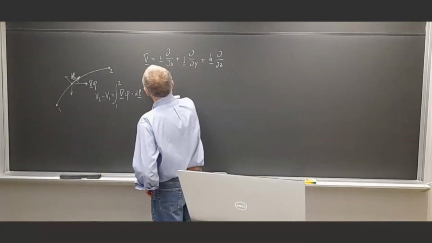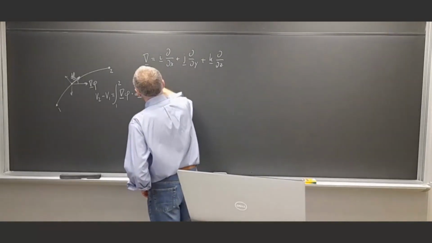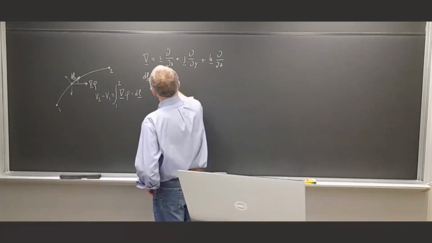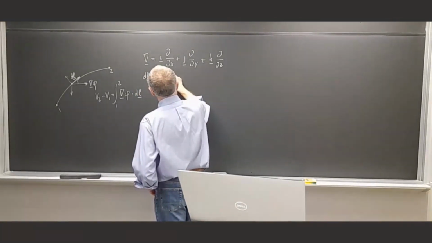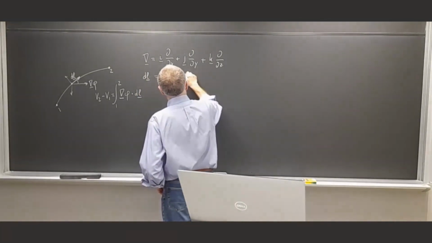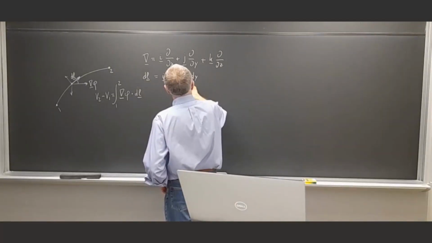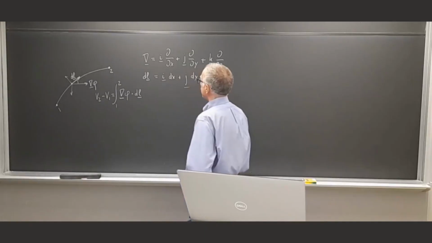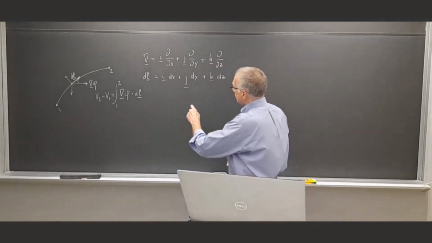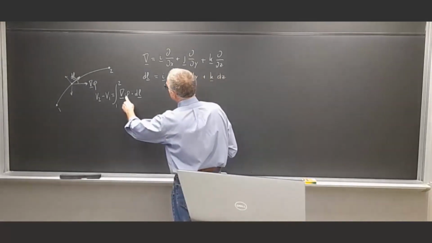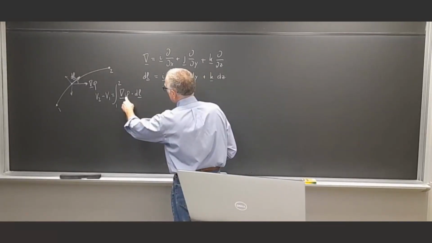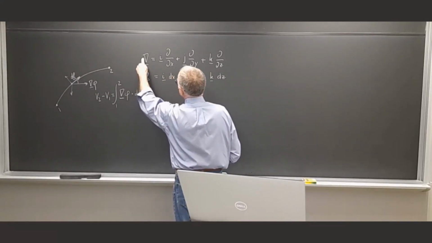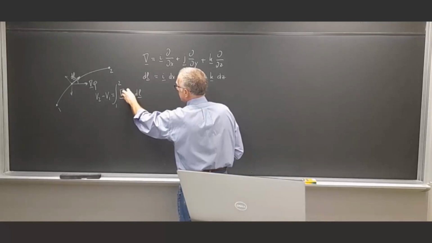And dl is also a vector, which has as components dx, dy, dz. So now, what we're doing here is taking the scalar product of this applied onto the scalar phi.